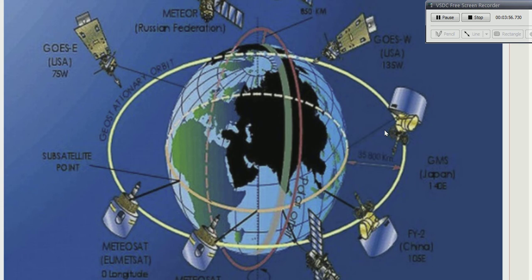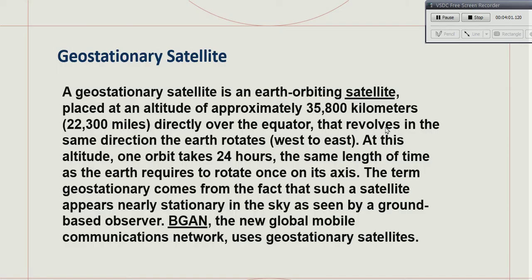That's why it is named a geostationary satellite. It is stationary with respect to the observer. Observer means suppose I stay there, so that observer sees it remain stationary. The new global mobile communication network uses geostationary satellites.